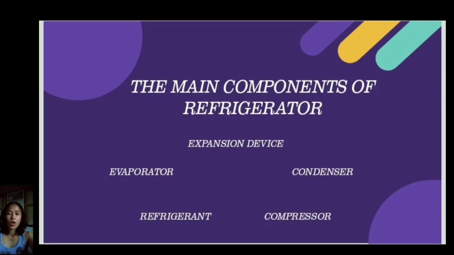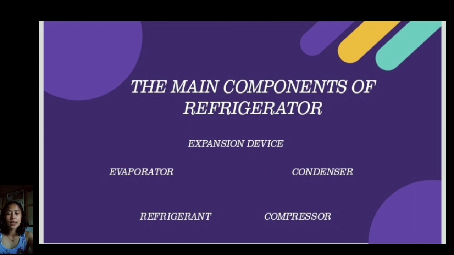Last are the components of the refrigerator. We have here the five main components of the refrigerator. First is the compressor. We already know that the compressor is the heart of the refrigerator since the cycle of the cooling agent starts here. Next is the refrigerant.